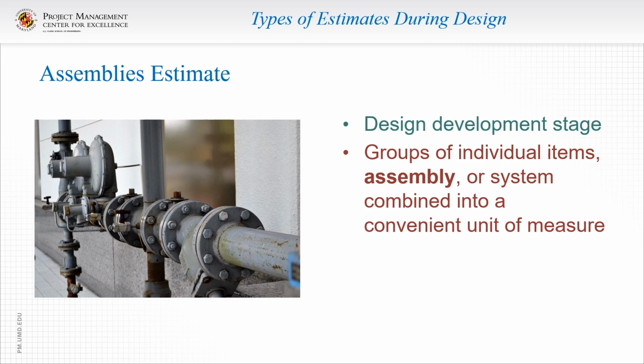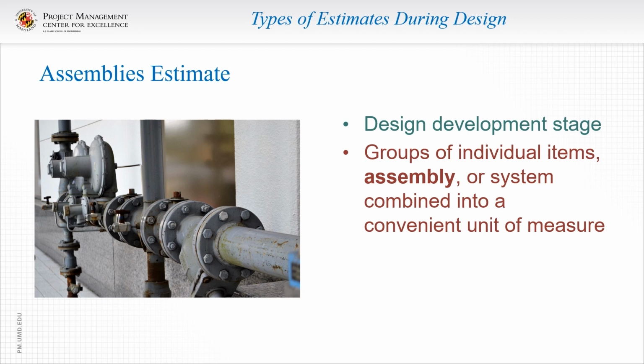In a ROM estimate, the unit is the number of beds or miles of road. In a square foot estimate, the unit is the square foot area of the project or gross areas of the project. In an assemblies estimate, the unit is the foundation, the roofing, the electrical system, and so on and so forth.